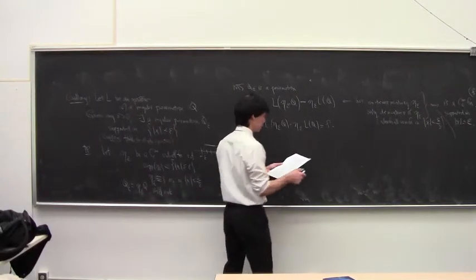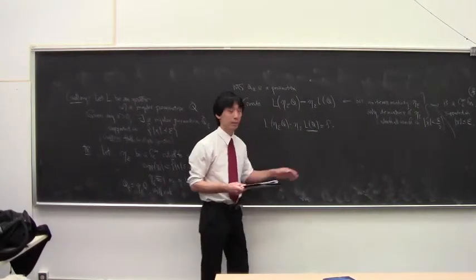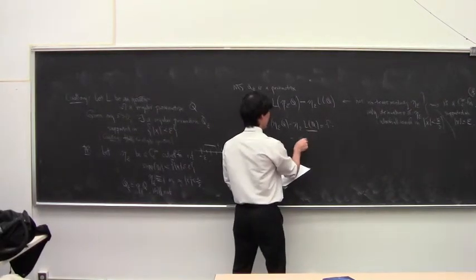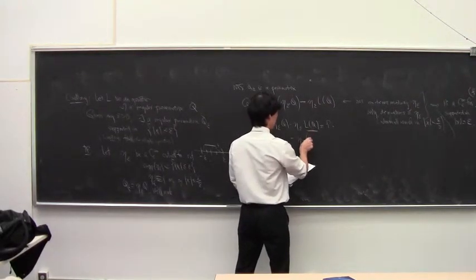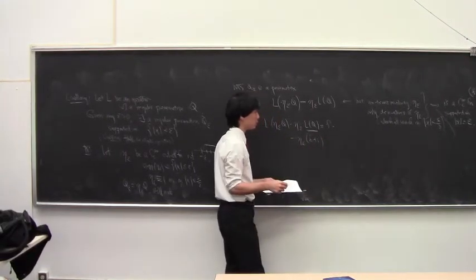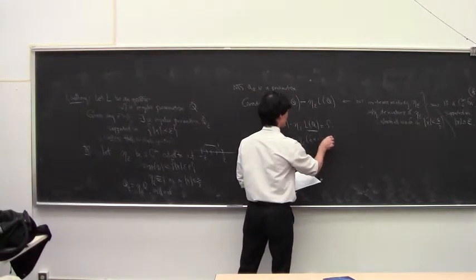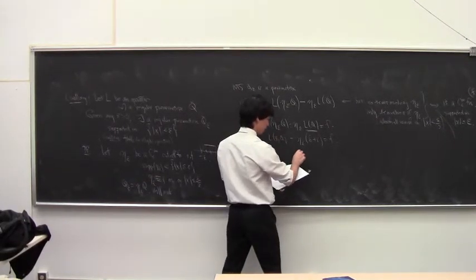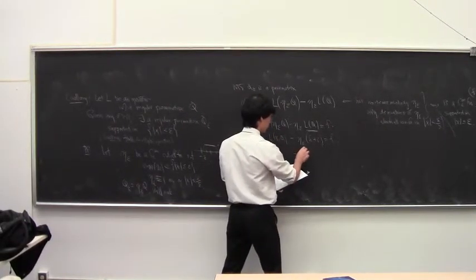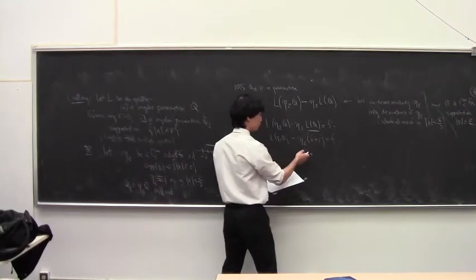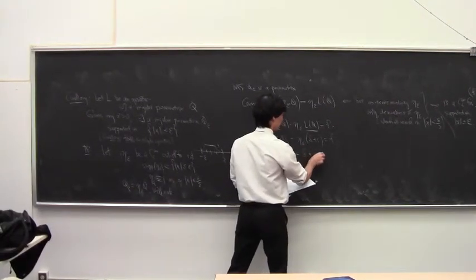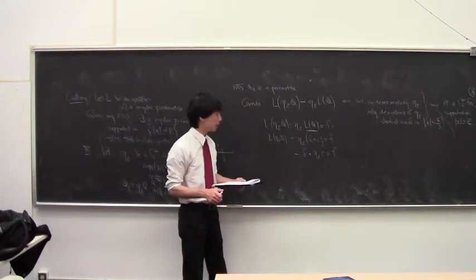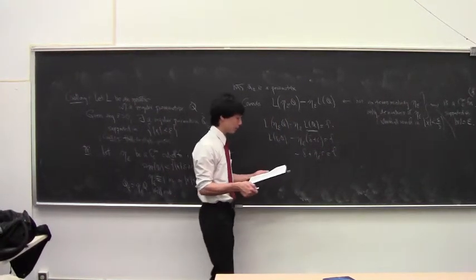Now let's use the fact that Q is a parametrix. So we get negative eta epsilon delta plus some Schwartz class function. But that's just delta plus eta epsilon times r.